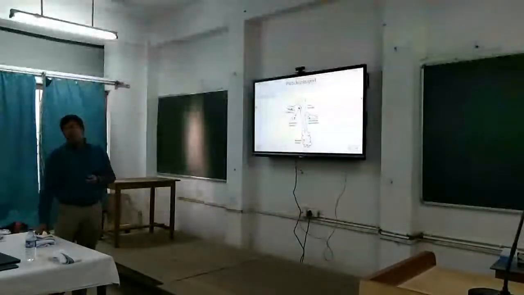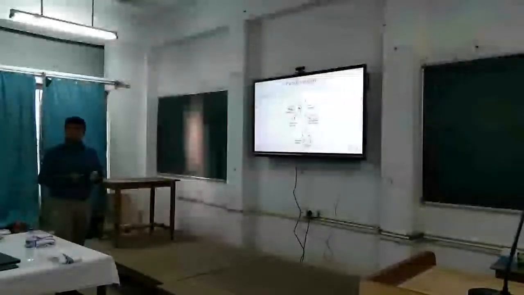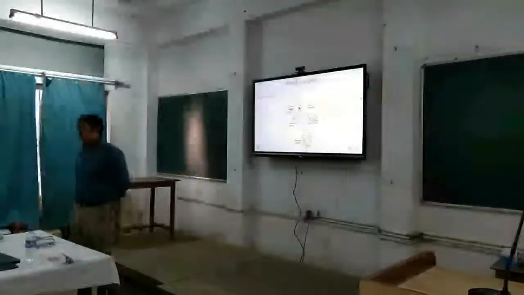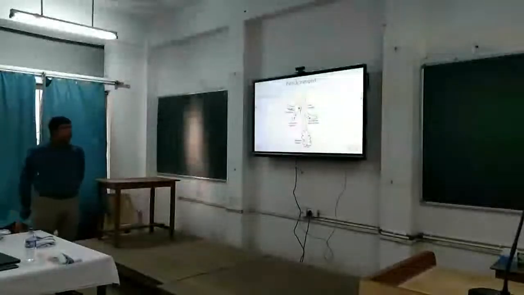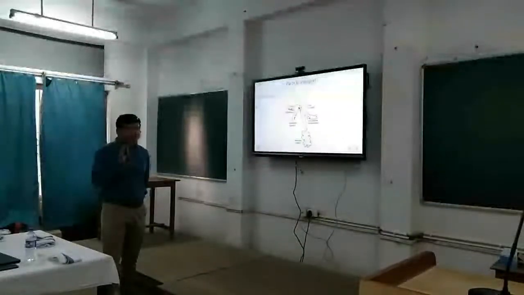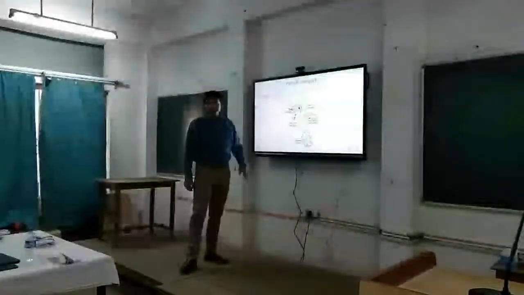Now, when a particle is being transported with flow, it can be any type of flow, there will be particle deposition. So how does this deposition occur, or why does this deposition occur? That is due to the influence of external forces on the particles. There may be a large number of forces acting, but for the applications I was showing you, the major ones are, first, inertial impaction.